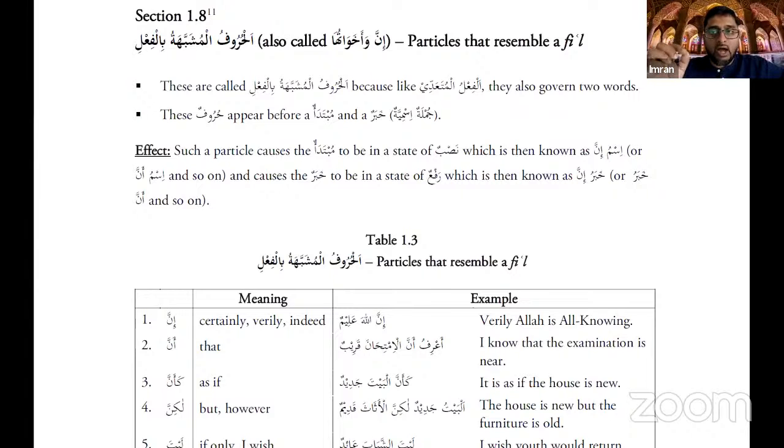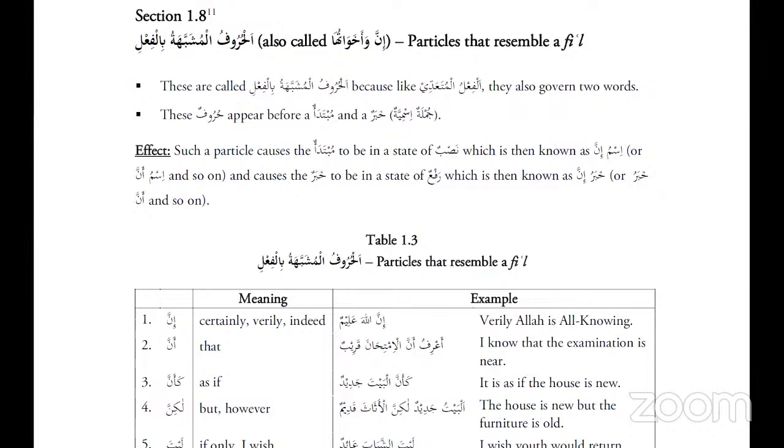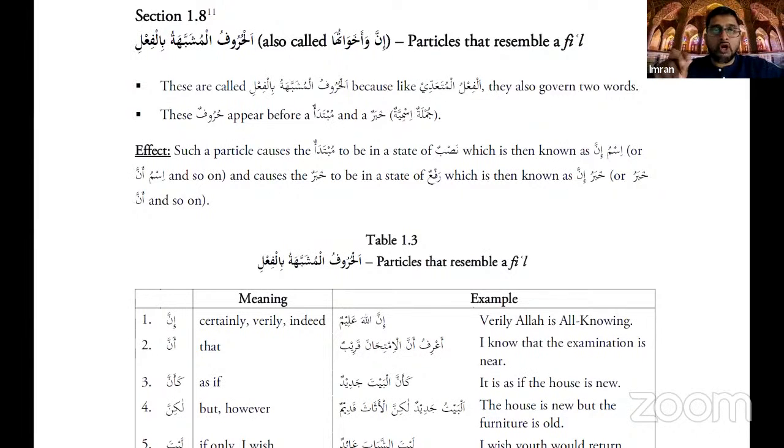Example: dhahaba Zaydun, Zayd went. The tip for knowing whether it's lazim or muta'addi: after the verb dhahaba, you add the pronoun. Dhahaba Zaydun, Zayd went it, or Zayd went him.